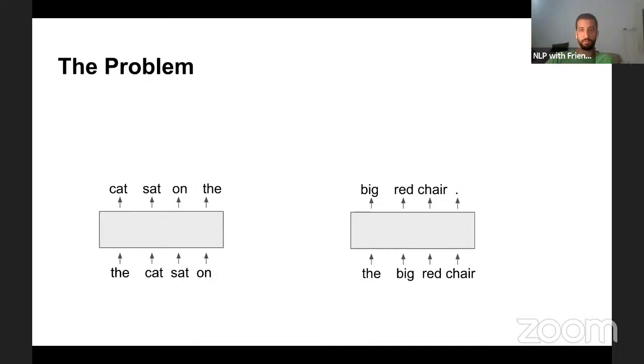Yeah, you're totally right. And it's not a problem if you're comparing models that have the same input length, but the problem occurs when you're comparing different models that have different input lengths.